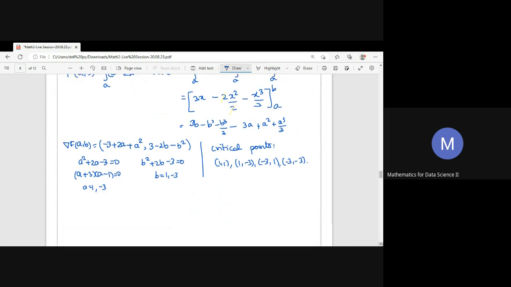The next step is to find the Hessian matrix. What is a Hessian matrix?